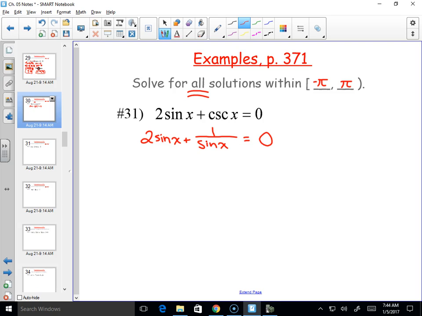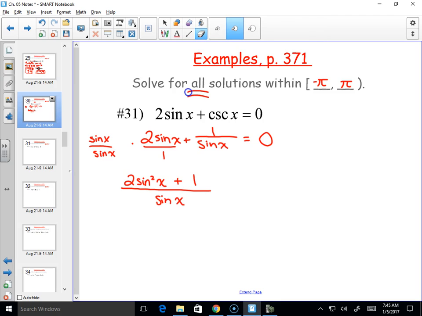Now we have an addition that we can't do, but if we put the other term over 1, then hopefully we see that getting a common denominator might be a really good idea for solving this equation. If we multiply top and bottom by sine of x over sine of x, we get on top 2 sine squared for the left-hand expression, plus 1, all over a common denominator of sine of x.